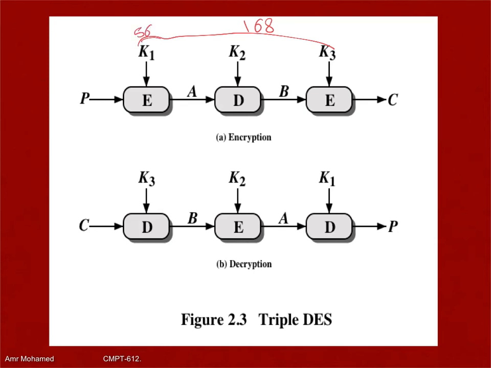Each part is 56, 56, 56, and then we apply DES, and we do it in a chain fashion like this. So for, of course, the decryption, again, you will have to experience this in the assignment. We have to do the reverse operation by applying key 3 and then K2 and then K1. So the decryption has to happen the other way around. You have to apply the last key first.